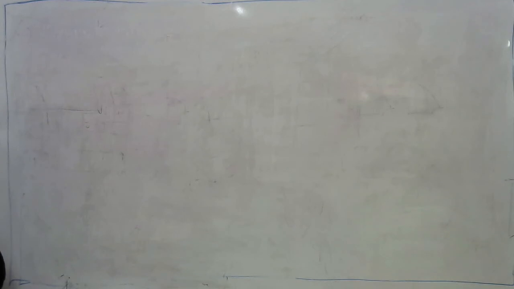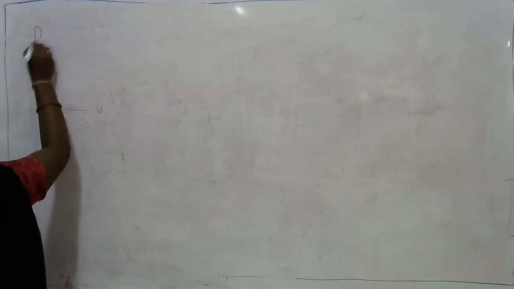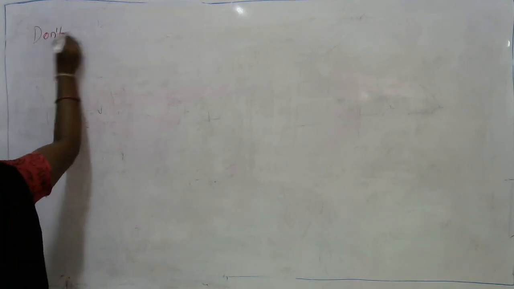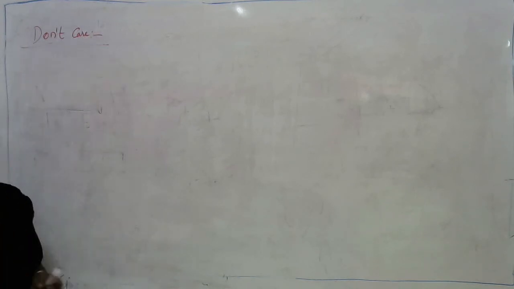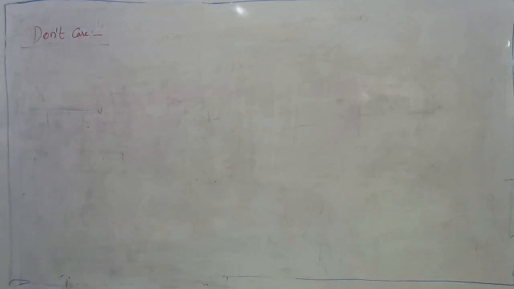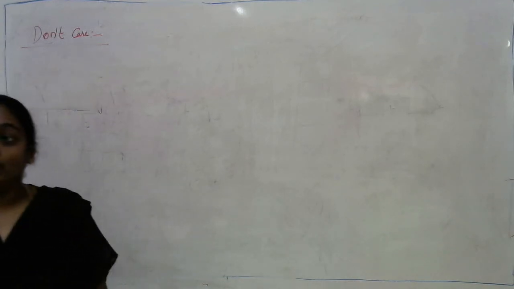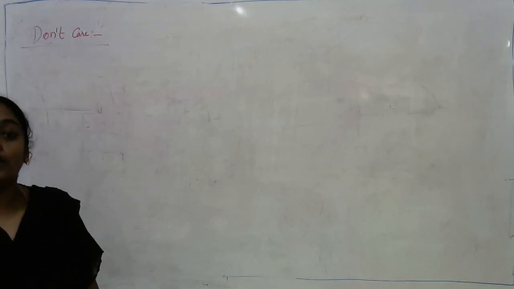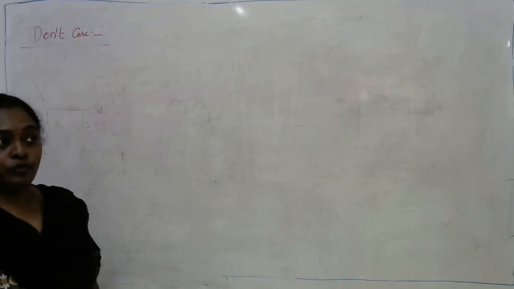Now let us see the next concept, which is nothing but don't cares. What is meant by a don't care is that whenever we are designing any circuit, the designer is free to take the corresponding output as either 0 or 1.